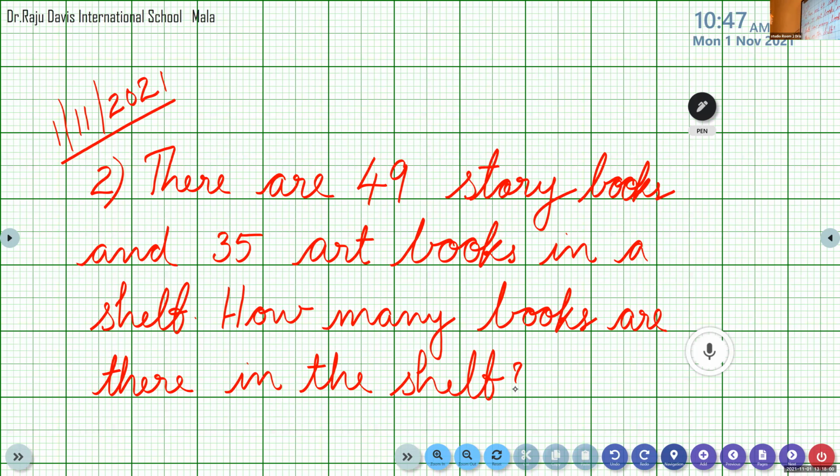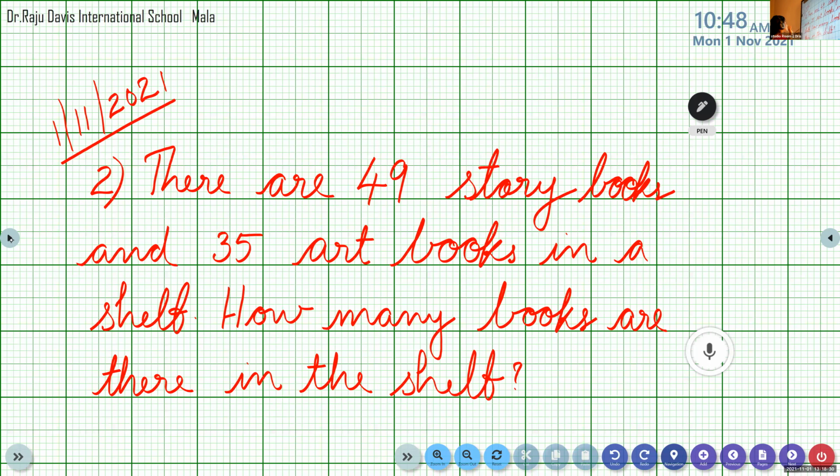In this question, what all things you can see? It is telling about what? 49 storybooks and art books, isn't it? In this question, it is telling about storybooks and art books. So when we are writing the steps for the word problem, we have to focus on that area.